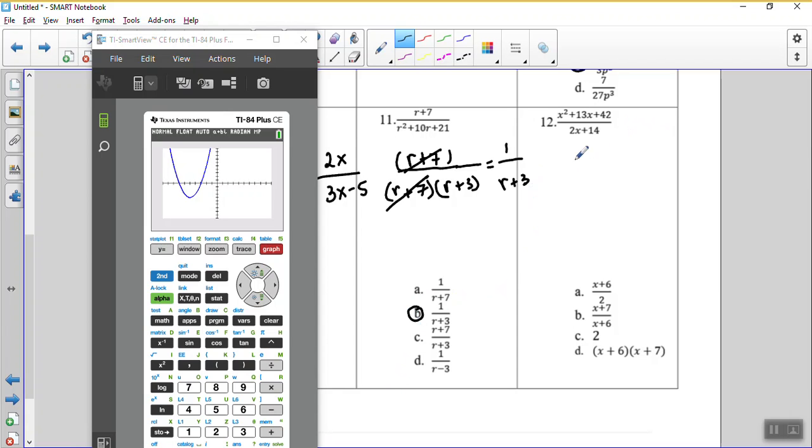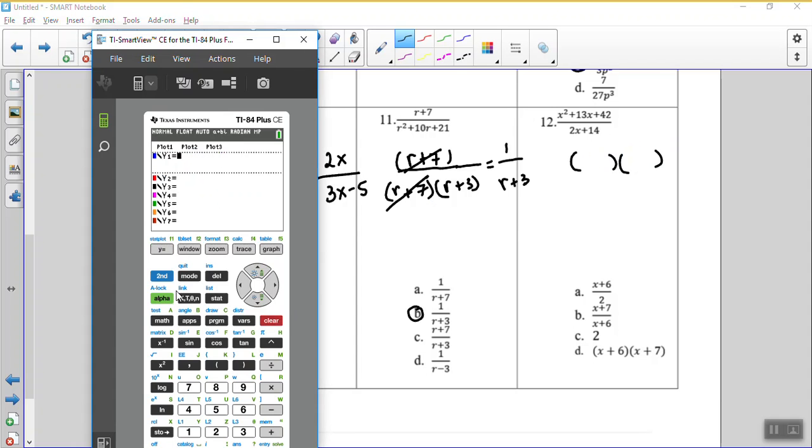Okay, same thing here, you have a trinomial, so let me factor it out. I'm just going to use my calculator's help here. I'm going to put in x squared plus 13x plus 42, and now we're going to graph it. It's kind of hard to see here, but it looks like my x-intercepts are negative 7 and negative 6. Negative 7, so I write positive 7, and negative 6, I write positive 6.